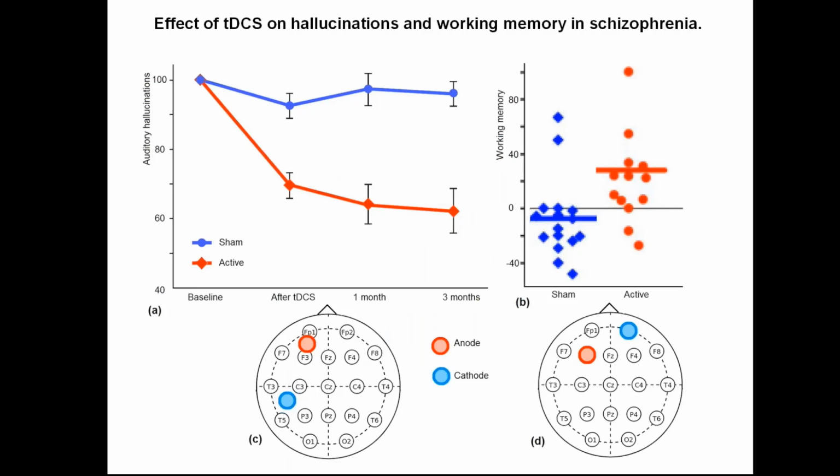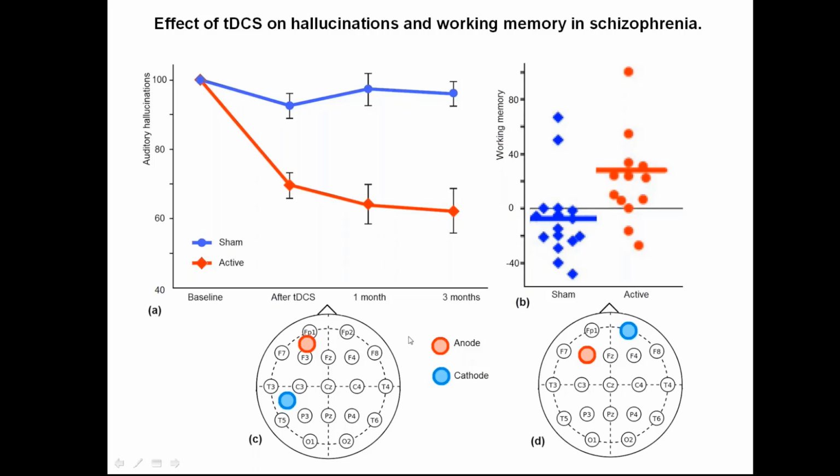If we are talking about schizophrenia, there were quite many studies using tDCS in schizophrenia, and this slide shows the effect of tDCS on hallucination on the left and working memory on the right.